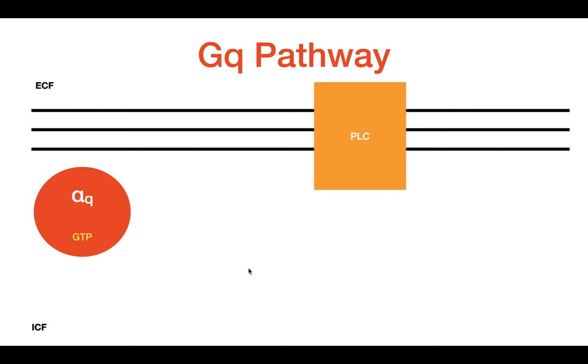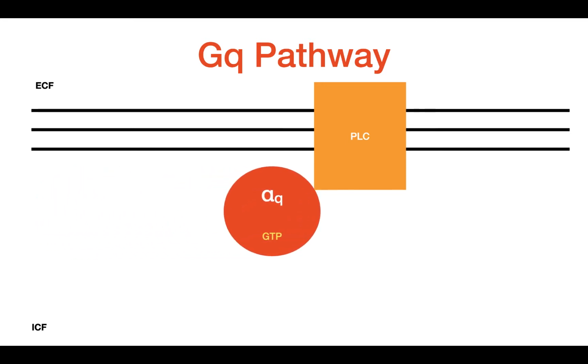So phospholipase C takes a molecule that is present inside the plasma membrane and converts it to two different second messengers. So when alpha Q came here and it bound to phospholipase C, it activates it, which therefore causes phospholipase C to catalyze a specific reaction. And this reaction is the conversion of PIP2 into IP3 and diacylglycerol, or DAG.